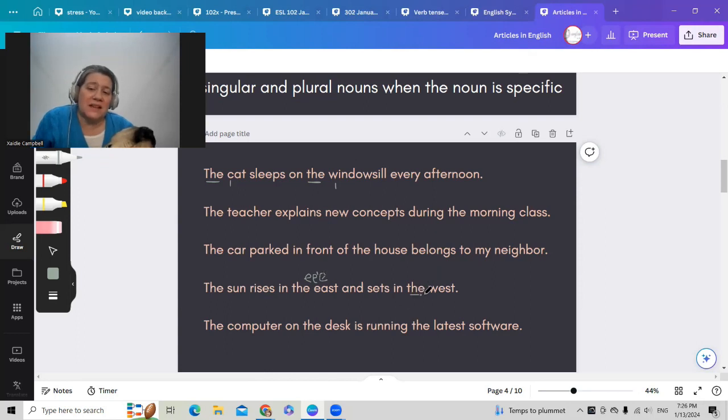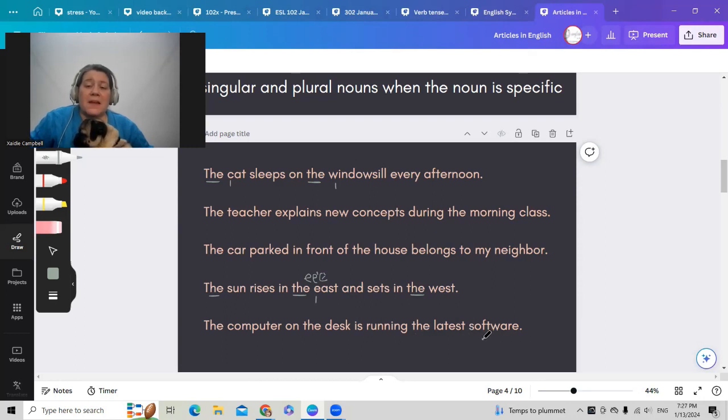So these are never stressed. These words will not be stressed when I speak. However, if this sound is a vowel sound, I will say thee instead of the. The sun rises in the east and sets in the west. The computer on the desk is running the latest software.